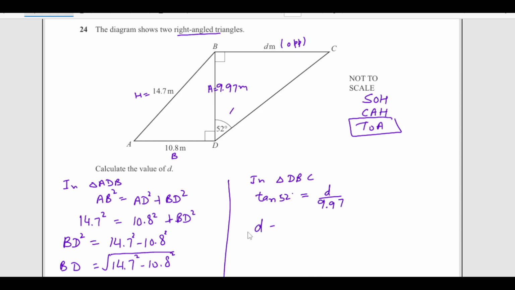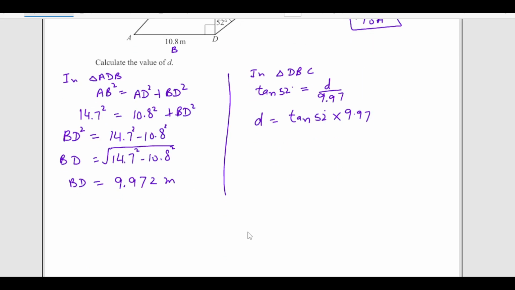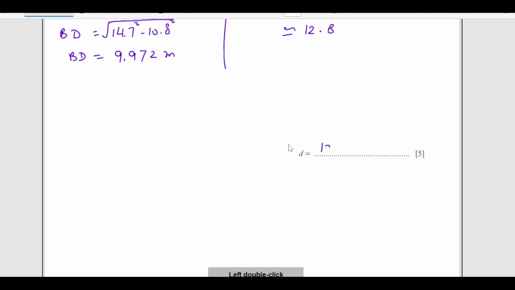So, D is tan 52 degrees times 9.97. So when you calculate, this is 12.76. To three significant figures, it will be 12.8. So that's it. 12.8 meters, the unit is already given there.